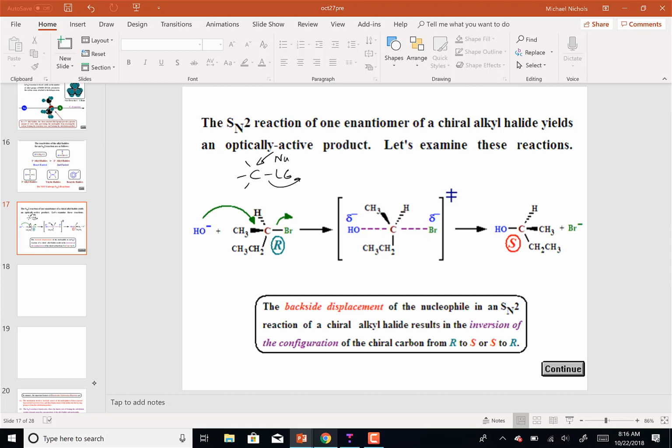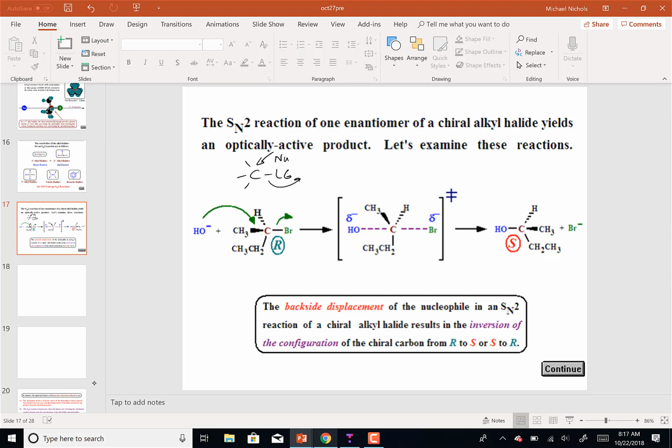So the sign of the rotation isn't what I'm looking for so much as whether that sign corresponds to the R configuration or the S configuration of the 2-butanol. It could be that this R is positive and the S of this molecule is also positive. So the sign doesn't necessarily change for the rotation.